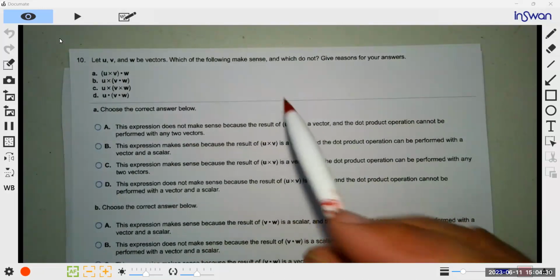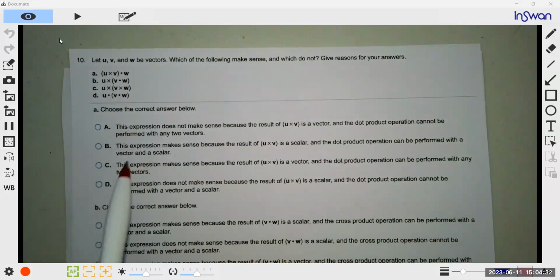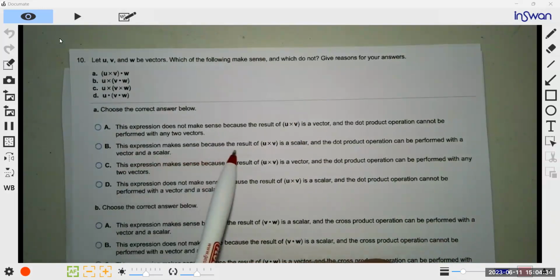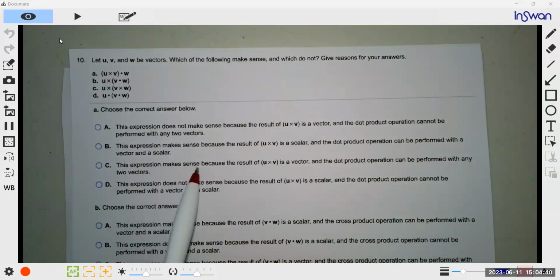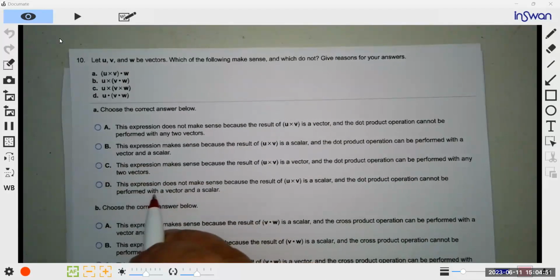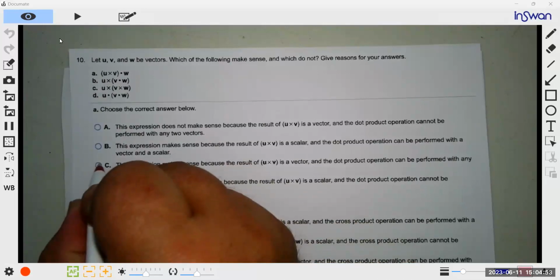That's wrong, that's what they're supposed to be used for. The next says the result of U cross V is a scalar. Wrong, it's a vector. The expression makes sense because U cross V is a vector and the dot product can be performed with any two vectors. True.